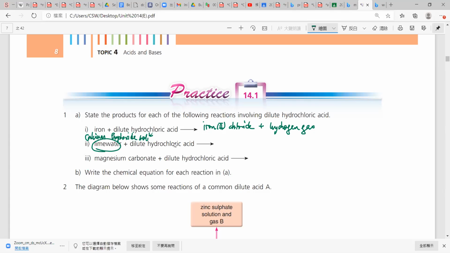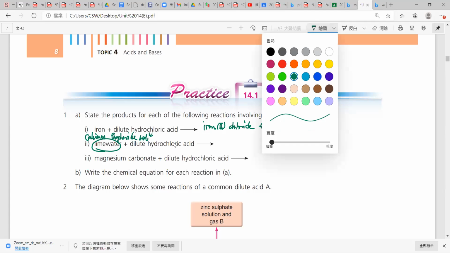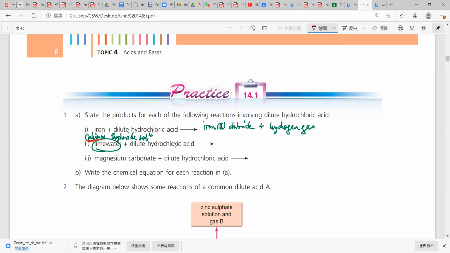It will help, right? So once I write like this, you can make a pairing up of those. Calcium chloride. So what else? What's not written? Hydroxide with hydrogen ion from the acid to form water.